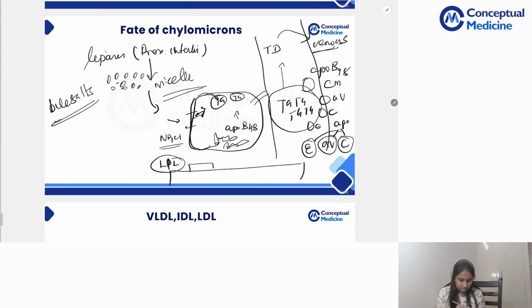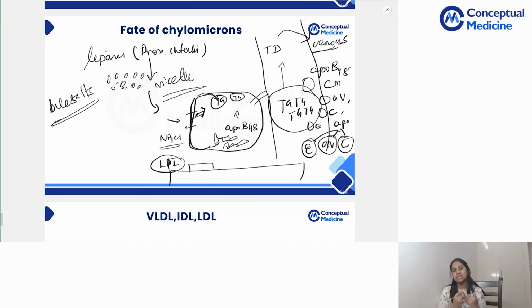Once it is moving there, ApoC and ApoA both get the attention of lipoprotein lipase. ApoC is the main thing which is going to activate the lipoprotein lipase, but ApoA will also act as a cofactor.